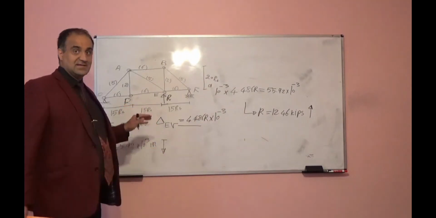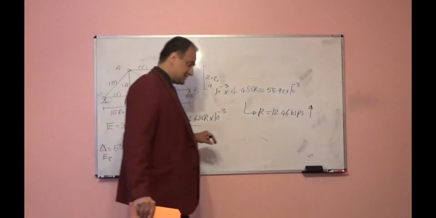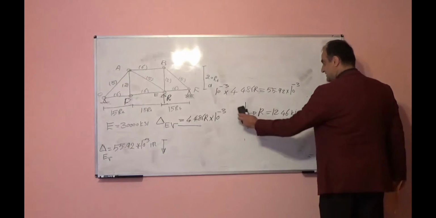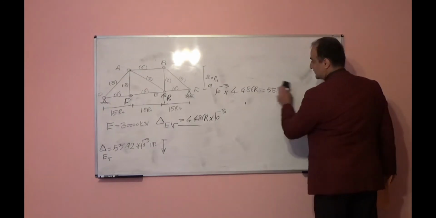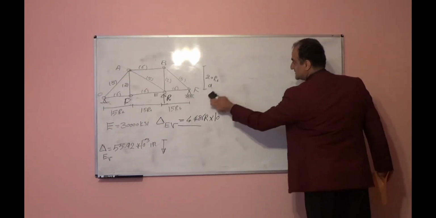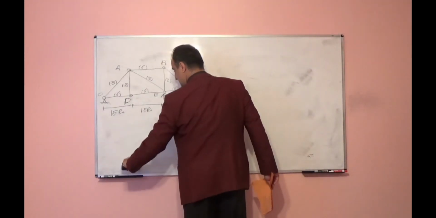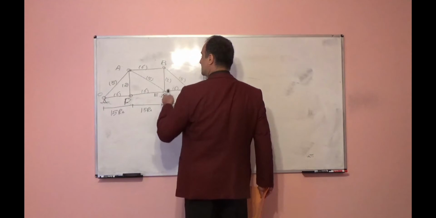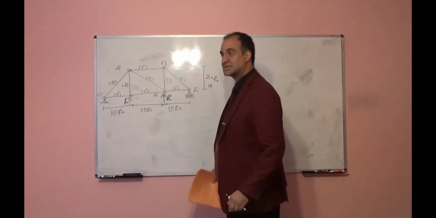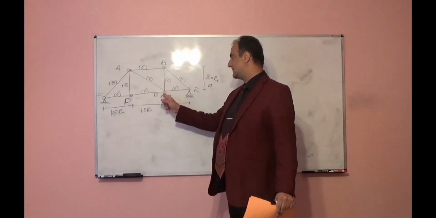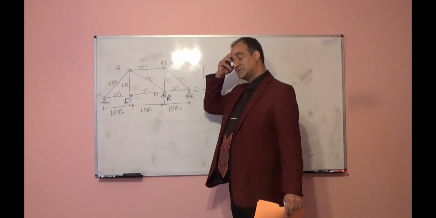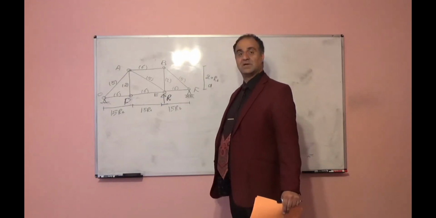So let's summarize what I did. Whenever I have an extra support reaction, first step, I will remove that support reaction. After removing that, for this truss, I will calculate the deflection at the support place. How will I do that?